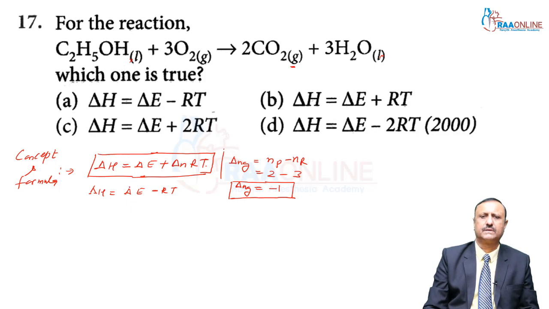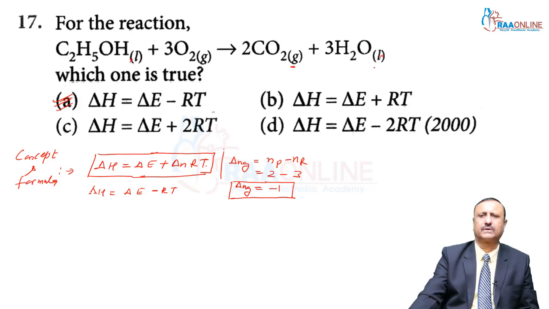So you can see this type of option where it is. Question number 17, where is the answer? Here minus RT, 1 liquid, and 3 moles of oxygen. So here you can get the minus RT. My dear students, you can go to answer A. Delta H is equal to delta E minus RT.